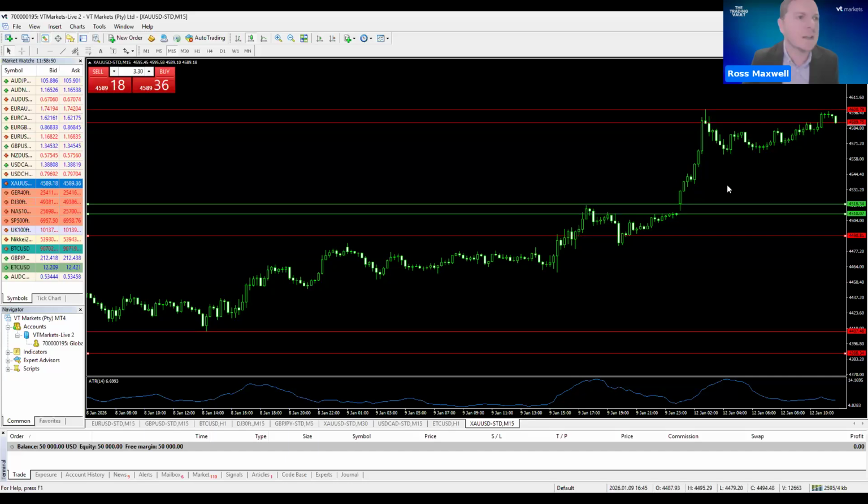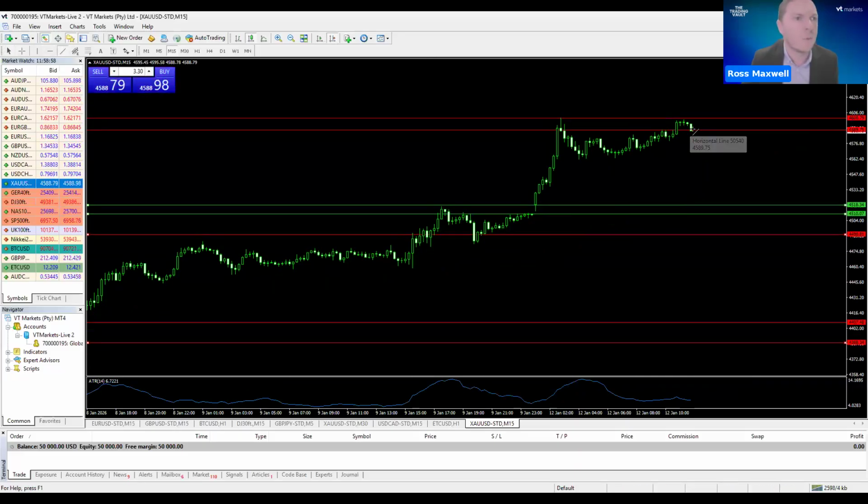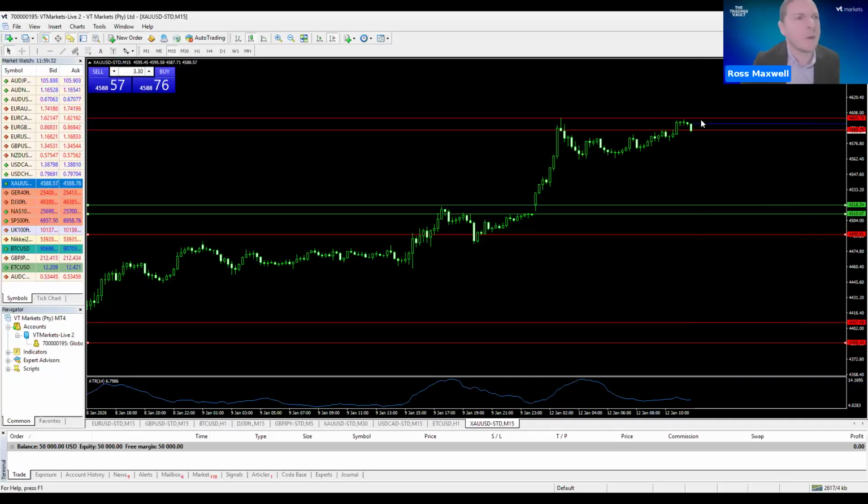if we break 4600 today, if we see price on the lower time frames break higher above 4600, if we see price break clearly above 4,600 and then pull back into that 4,600, then it can potentially offer an opportunity to get long.